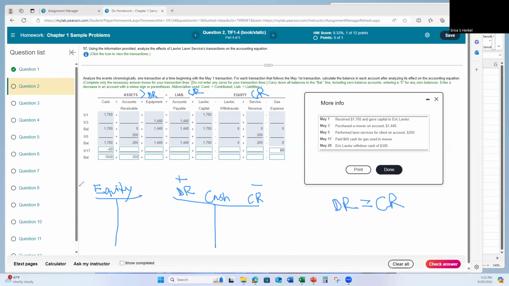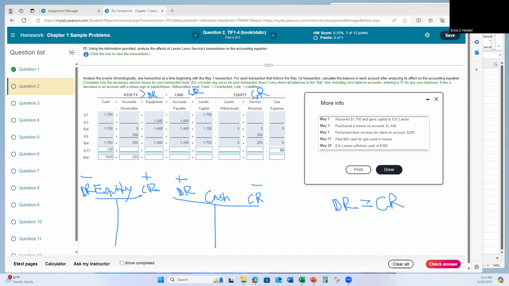Debits are always on the left in a T account and credits are always on the right. With an equity account, credits will increase it because it has a default balance of a credit, and debits will decrease an equity account. So assets are increased by debiting, equity is increased by crediting.